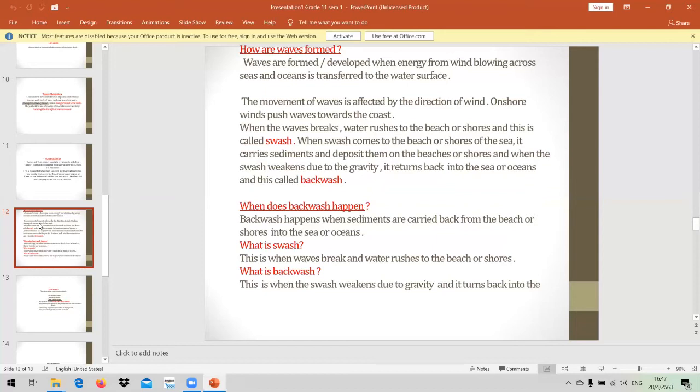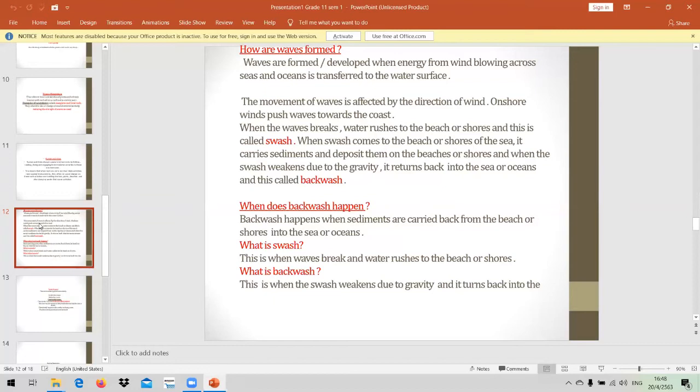Explain briefly how waves are formed. Okay, I've told you waves are formed when energy from wind blowing across the seas and oceans is transferred to the water surface.